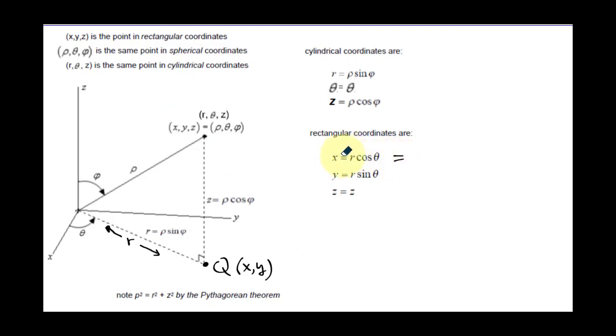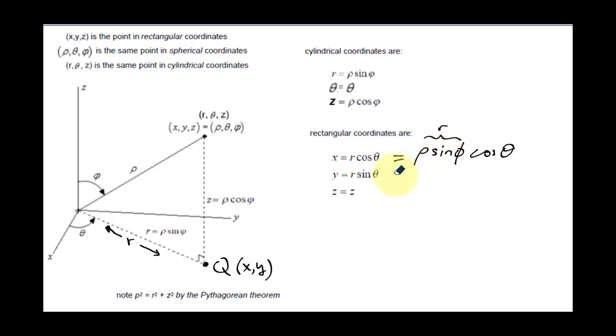We can say, since x is r cos theta, and r can be found with the spherical coordinates, we could say x is rho sine phi times cos theta, because this is r.